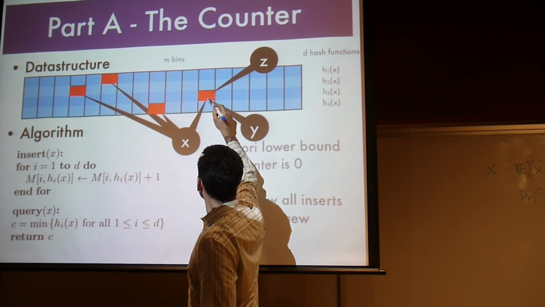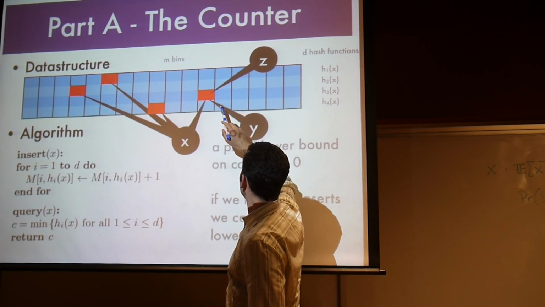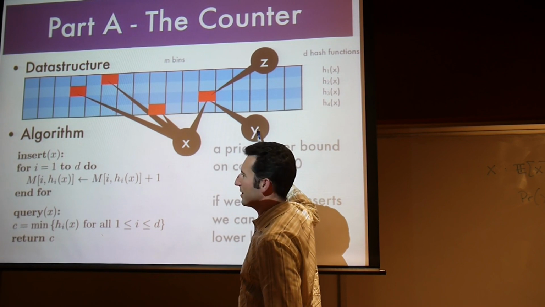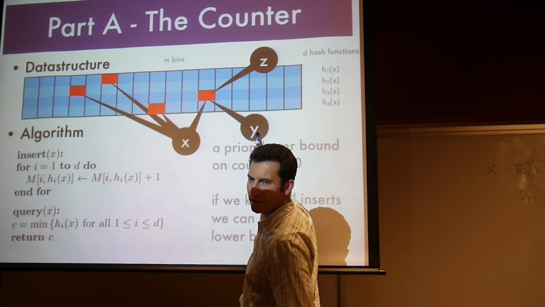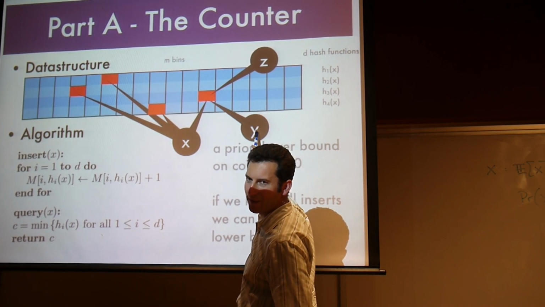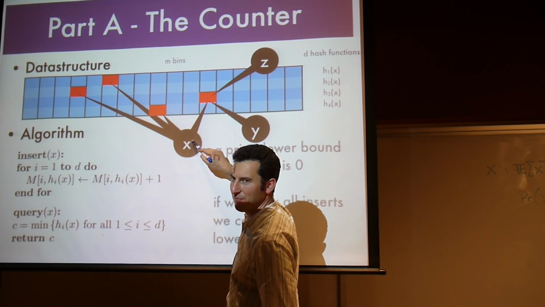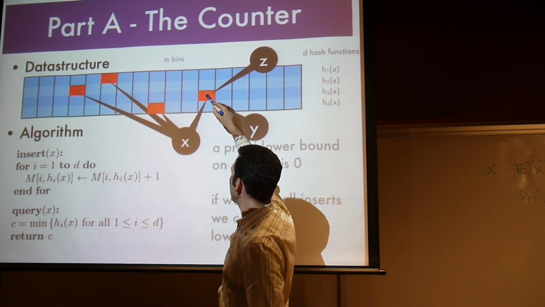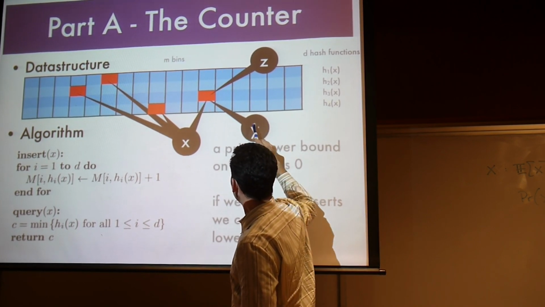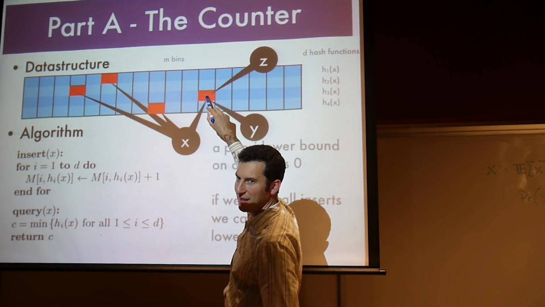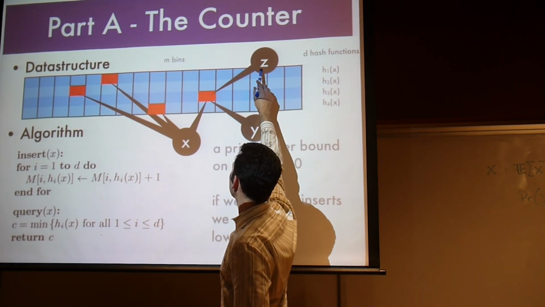Now suppose that this minimum kicks in here, but I'm telling you that actually rather than 0 instances of y, we would have seen 10 instances of y or more. I give you a tighter lower bound on these guys. Then you can use that to work out a tighter bound on x, right? Because if I know these two y's collide, and I've seen at least 10 of them, then I can take this number and subtract 10 from it, and it's still an upper bound on the x guys, because it still could have collided with the z's or whatever.